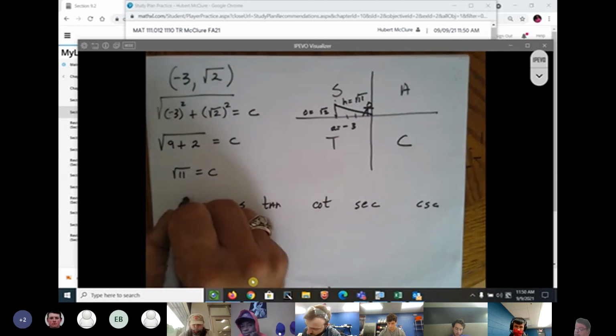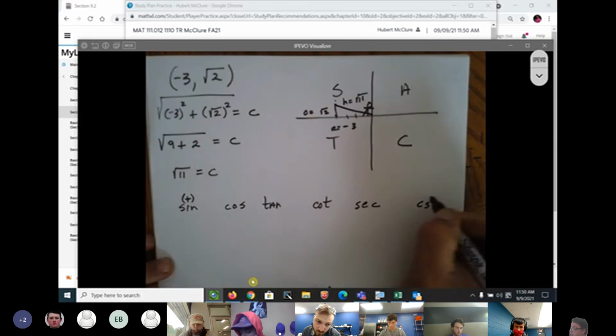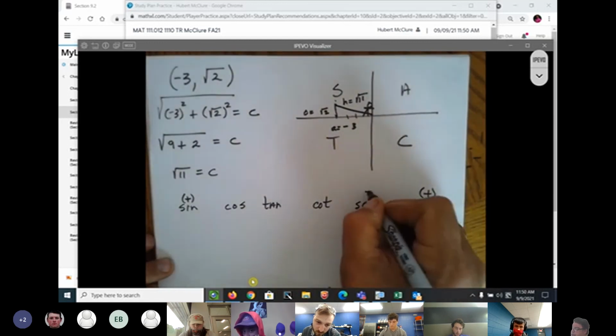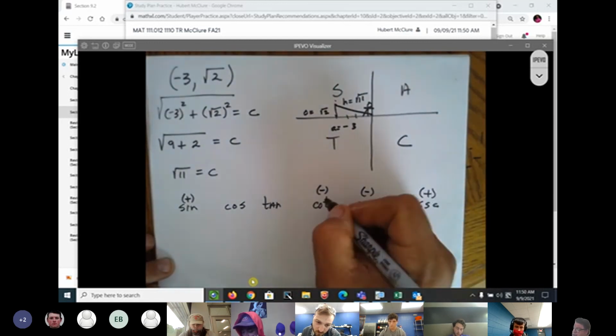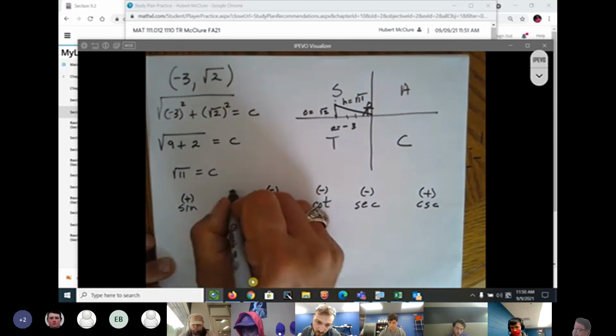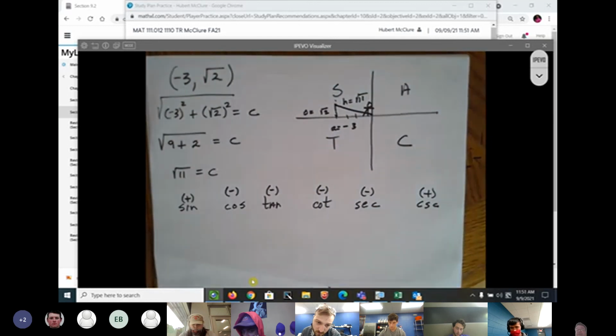So I know this one's going to be positive, and this one's going to be positive, and these are going to be negative. That's kind of a nice thing to have going into a problem, at least knowing what's going to be positive and negative, so you can check your work and make sure you don't have something wrong. Capiche?